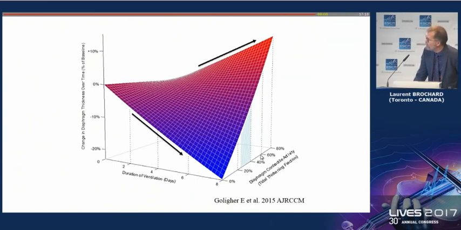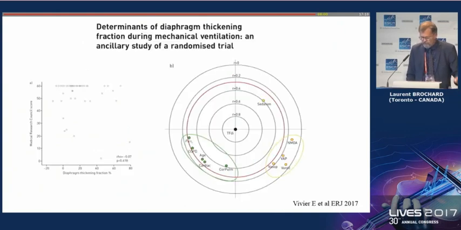When the diaphragmatic contractile activity was in a normal range, 30-40%, there is no change. But in those in whom the diaphragm contractile activity was high, so probably they were under-assisted, there was this increase in thickness, which probably indicates diaphragm injury. Very, very interesting data. The interpretation is probably a little bit more complicated.